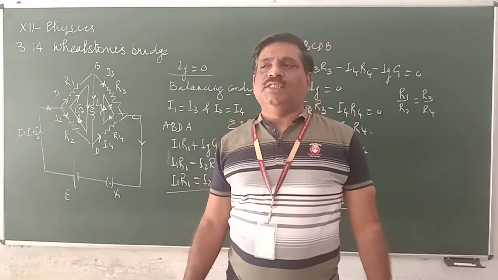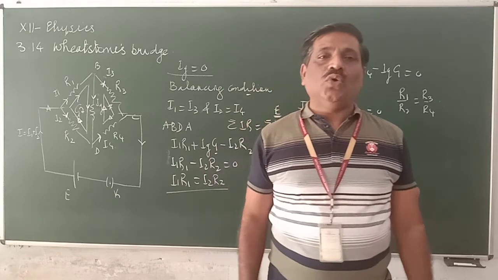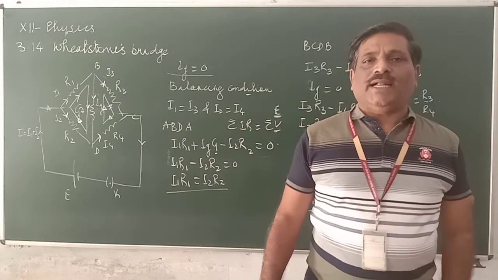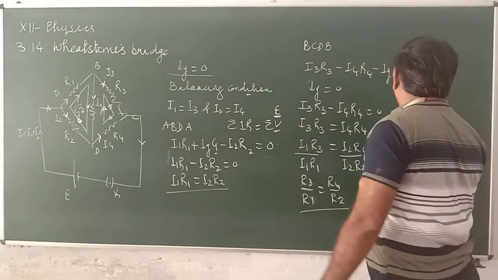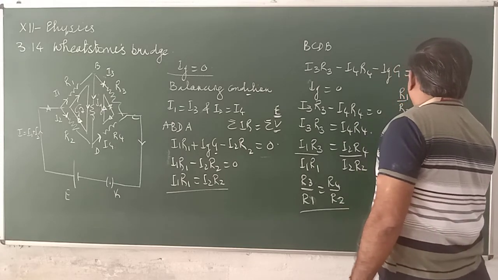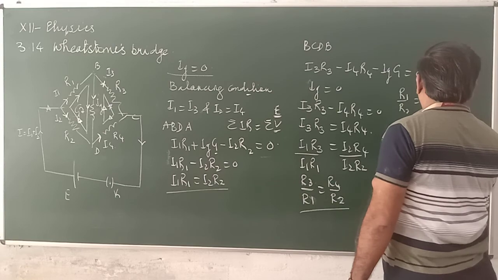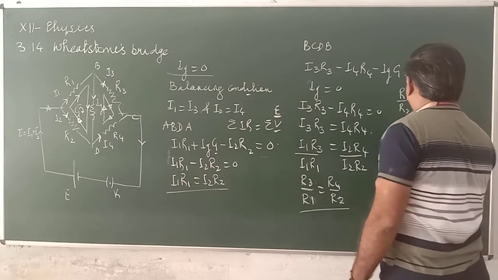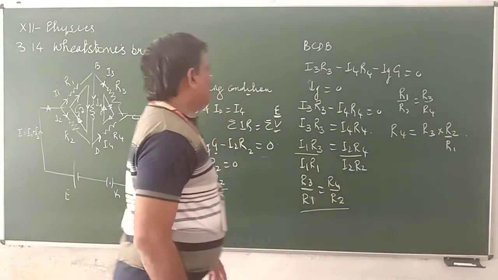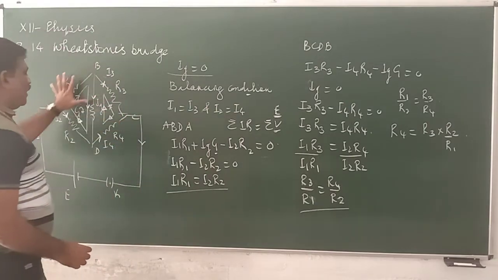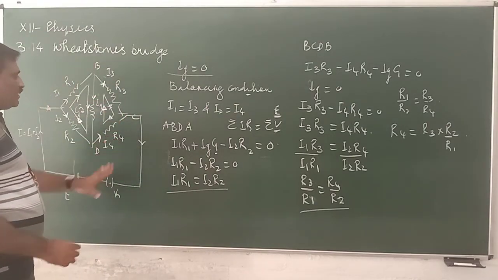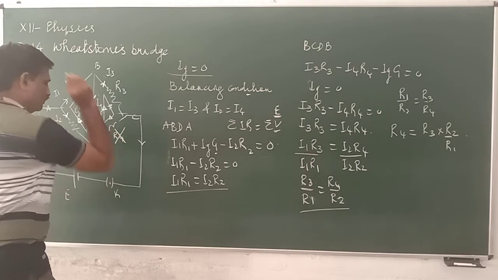And this condition is beautifully used to measure an unknown resistance. Suppose that the resistance we want to measure is R4. So R4 is equal to R3 into R2 by R1 from this. This R4 resistance is connected in one arm of the bridge, which we do not know.